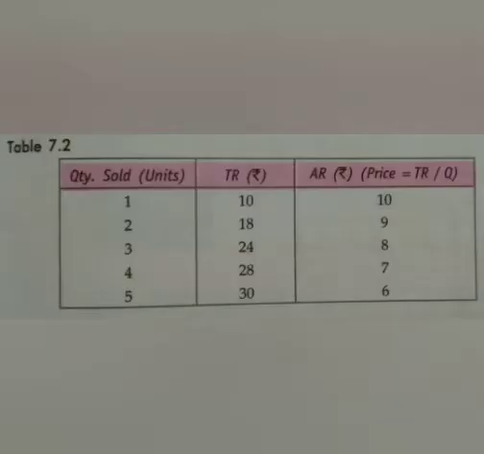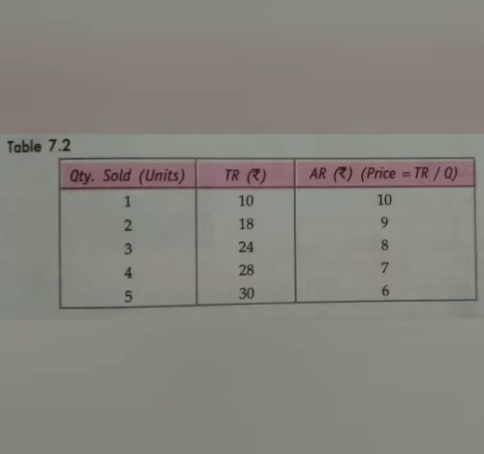Now let us understand more about average revenue from the given table. If the quantity sold is 1 unit and the total revenue is 10, the average revenue will be 10 divided by 1, so 10. If the quantity sold is 2 units and total revenue is 18, it will be 18 divided by 2 and the average revenue will be 9.